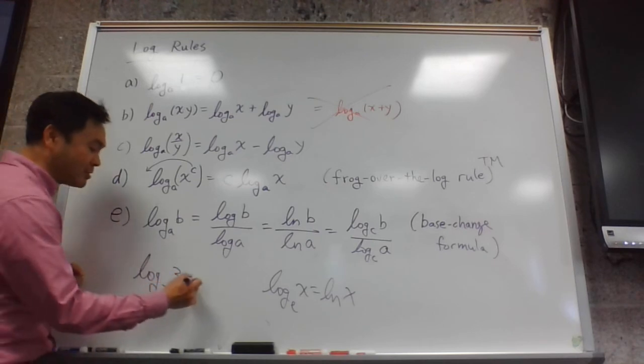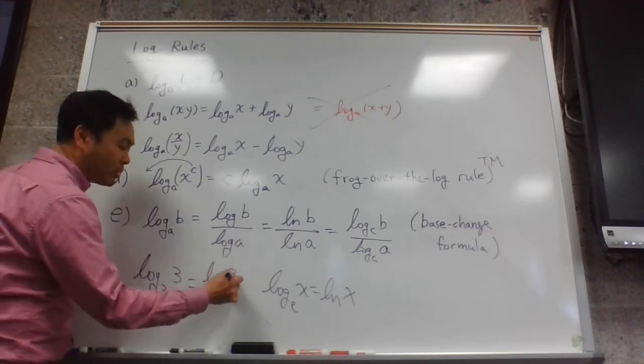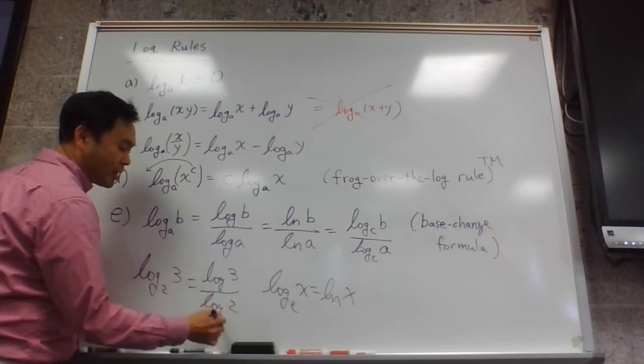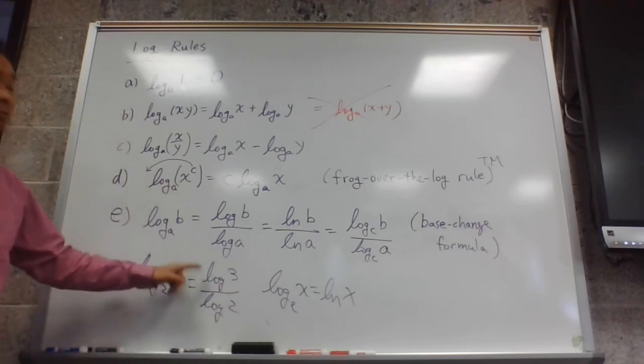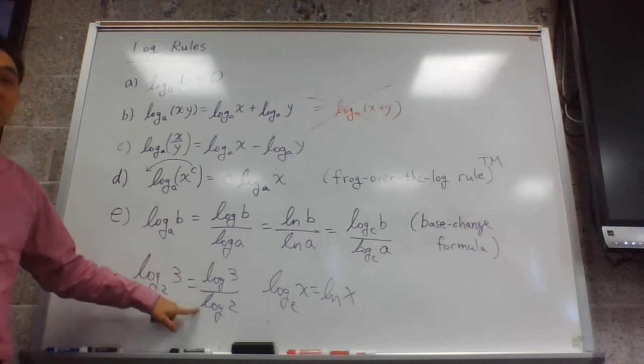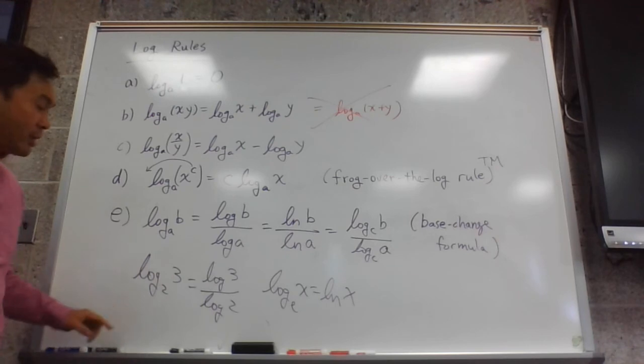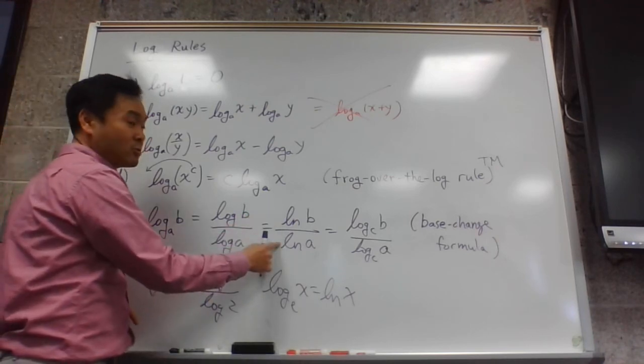You can write this as log base 10 of 3 divided by log base 10 of 2. You can do this with your calculator because these are in your calculator. Or you can even use your ln function.